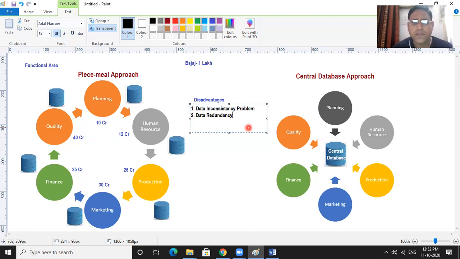अगर आपके पास कोई मूवी है, you have a movie, let us suppose Bahubali. So will you store that movie Bahubali in around 50 or 100 folders in your computer or laptop? Will you store the same movie into each and every drive and each and every folder?